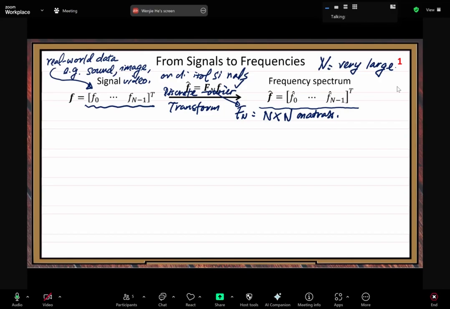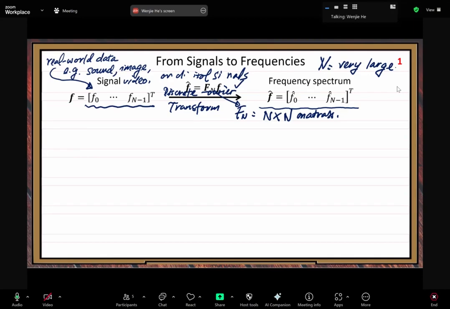You want the fastest possible performance for your real world applications. So for that reason, in this part E, we need to look at how to make the discrete Fourier transform as fast as possible: the fast Fourier transform.